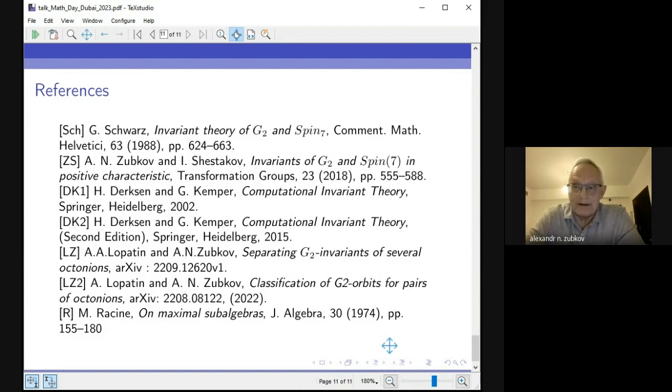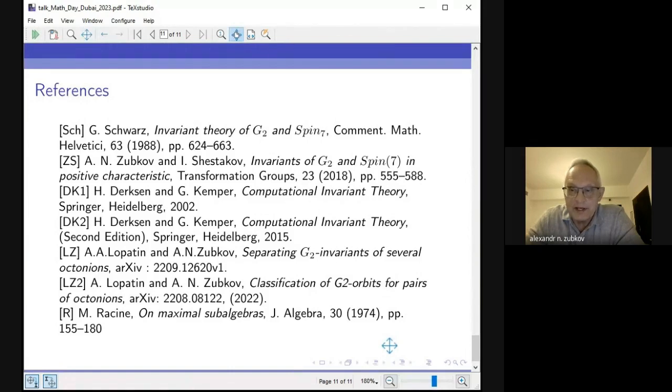Yeah, it's possible, but for sufficiently big characteristic. The issue is the same as in the characteristic proof for the invariants of octonions. We have the same phenomenon because of the exterior powers of the minimal representation for the group F4.